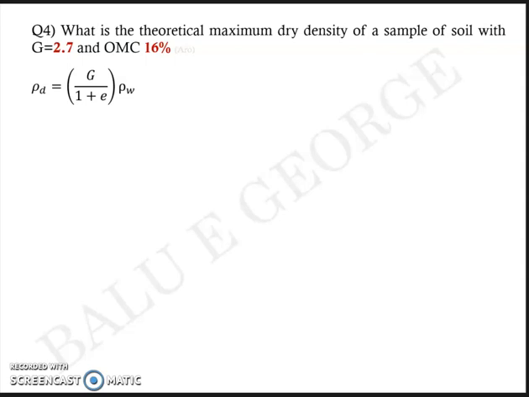Now, since we are not given e, the voids ratio, we can replace e by an equation connecting S, e and wG, which means we can write e is equal to wG by S, but S will be equal to 1 for a fully saturated case, which is a theoretical maximum dry density, right?